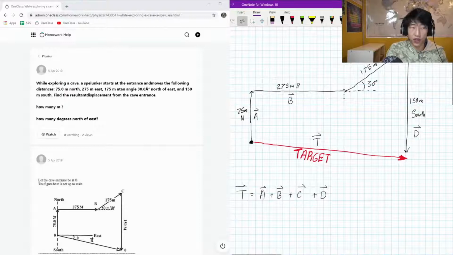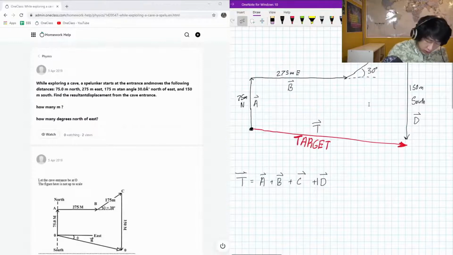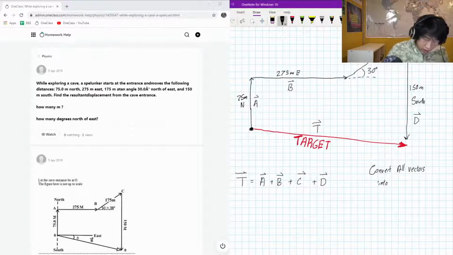Conveniently, a lot of these vectors are perfectly in the north-south or east-west direction. But this C vector is northeast, so it's going to be a little bit more difficult to deal with. That means what we need to do here is convert all vectors into Cartesian form.